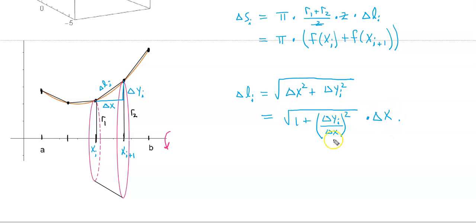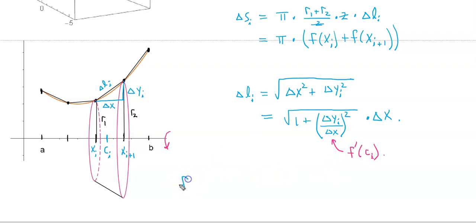Now this term right here, as we discussed previously with arc length, can be replaced by f prime of, let's call it c i. So the c i is somewhere between x i and x i plus 1. So let's say that that's like right here. And once again, that comes from the mean value theorem, right?